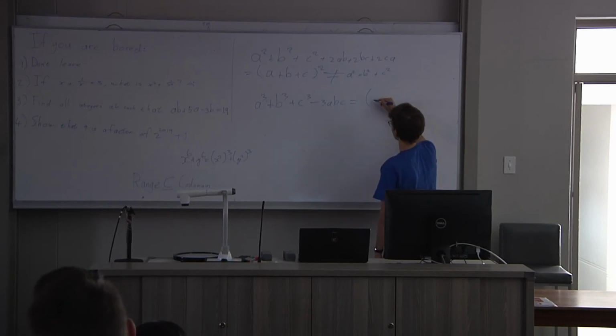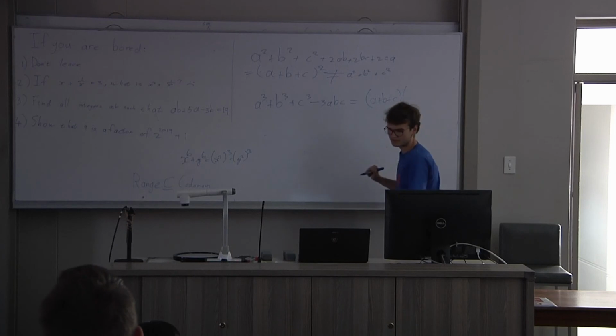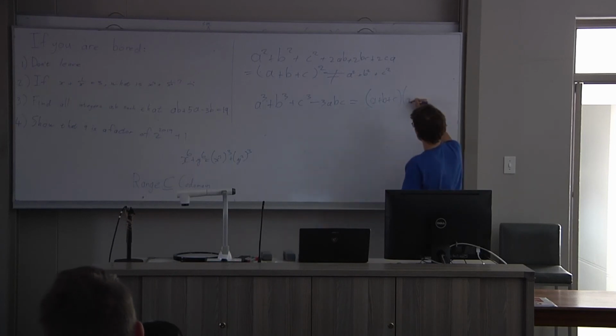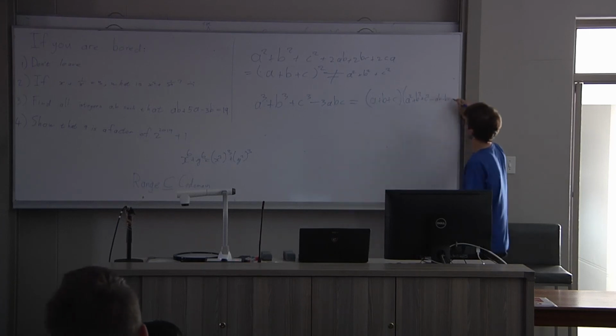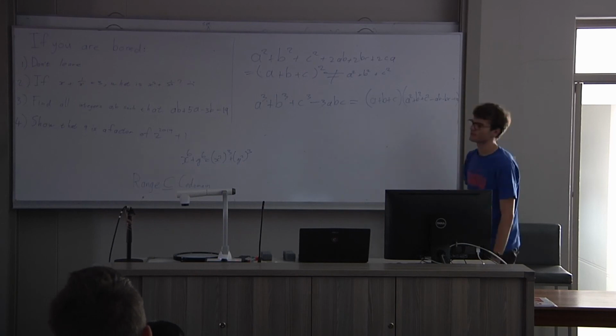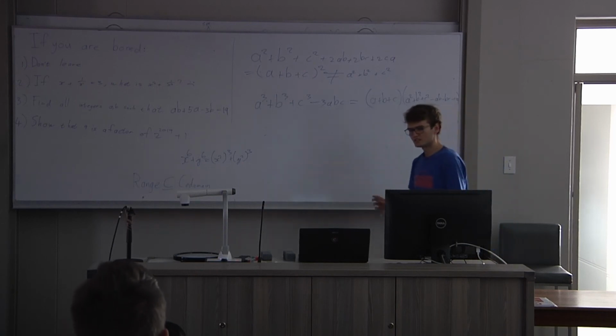Okay, so it's a plus b plus c times a squared plus b squared plus c squared minus ab minus bc minus ca, and you can check that for yourself if you're not sure.